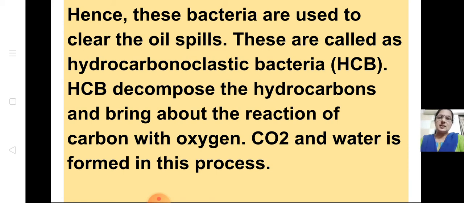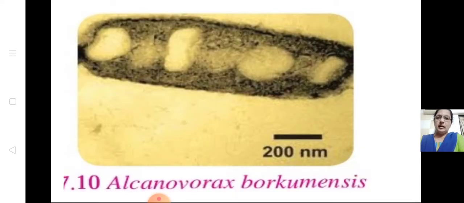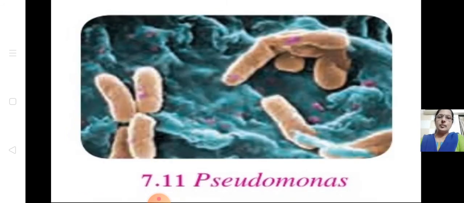So that's how we can clean the oil spillage in the water. You can see the two microorganisms, Alcanivorax borkumensis as well as Pseudomonas species. These are the bacteria which help to clean the oil spillage in the ocean.